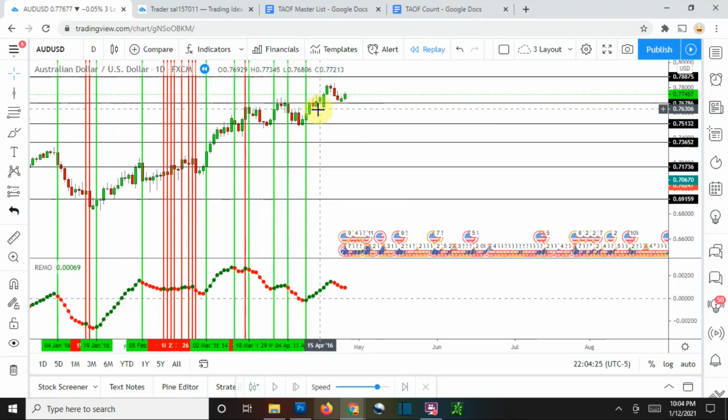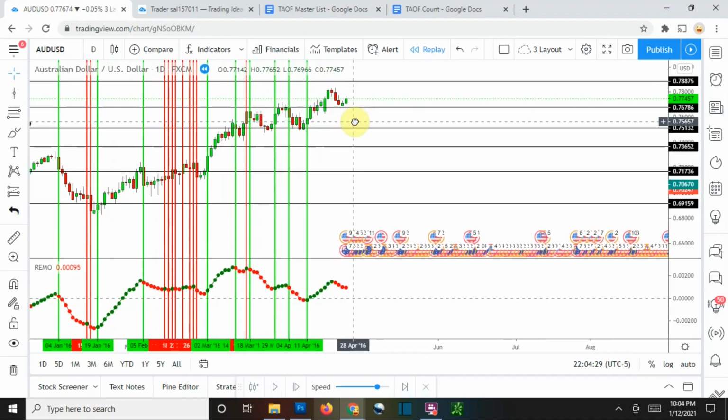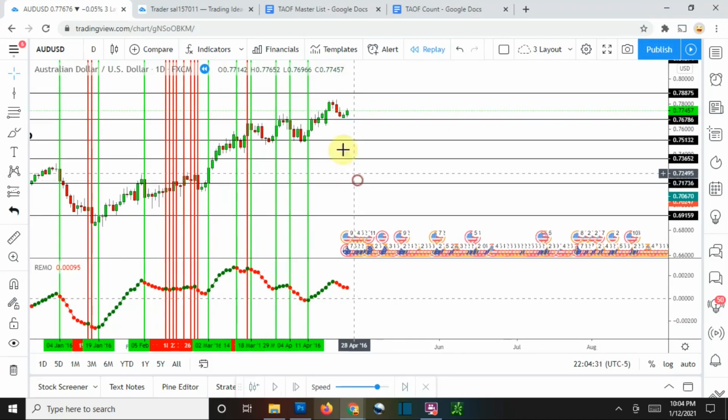So basically what happens is when you break up above, in this particular case, of course it would be reversed going the other way, we broke up above this area of overhead resistance. It then becomes support on the lower side, and so as price action comes down, hits it and starts to roll up and off of it right there.